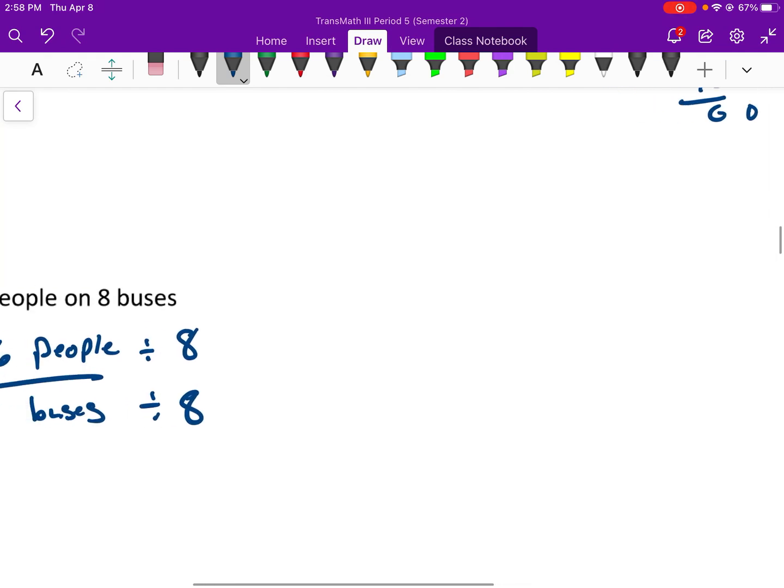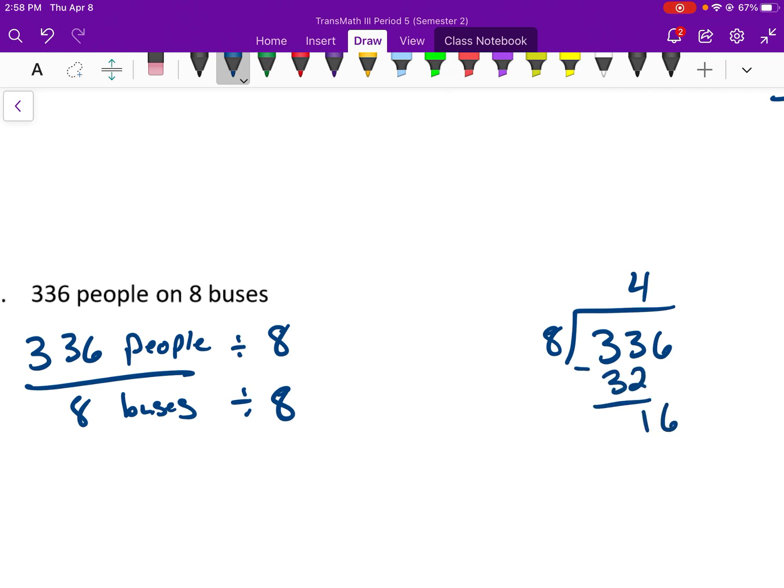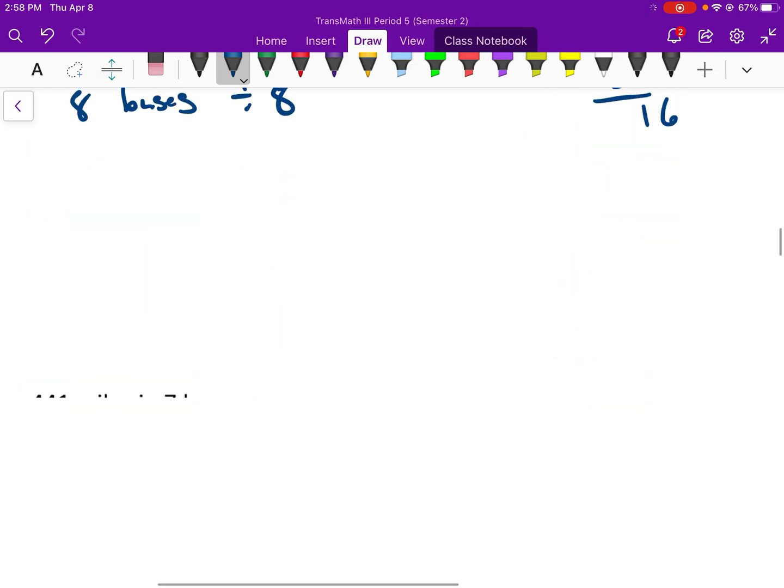And then to do that, again, 336 divided by 8. Looking at 8 goes into 33. How many times? 8, 16, 24, 32. That's as close as we're going to get. So 4 times. And it goes 32. Subtract, we get 1, 16. 8 goes into 16 2 times.